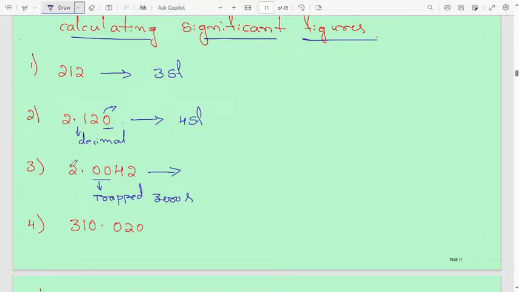If you are having initial 0, then you will not consider that one. But here you are having the number 2, this 2 is a non-zero number. Then these two zeros are trapped between 2 and 4. 1 2 3 4 5. In this one we will consider 5 significant figures.